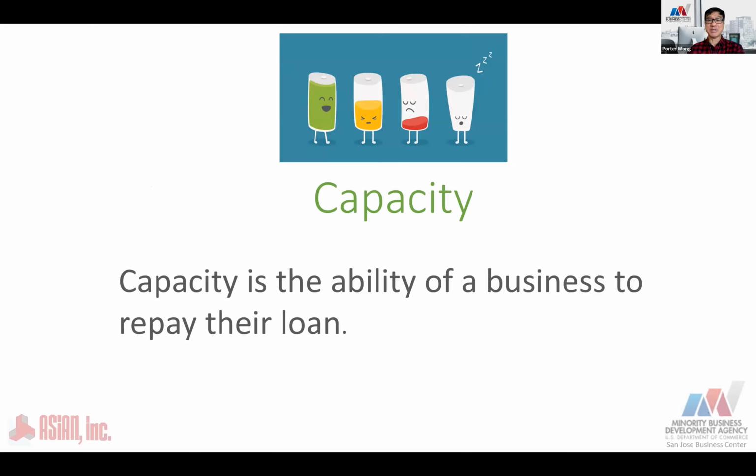It would look at how much debt you have now, what your past history is regarding repaying your loans, and also whether your business has the cash flow moving forward to make the loan payments. So that's basically your capacity.